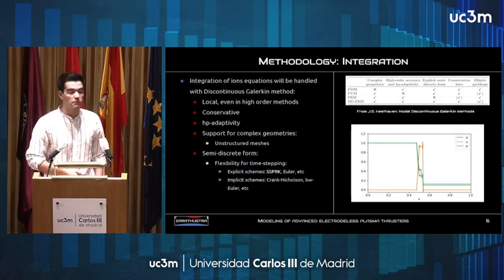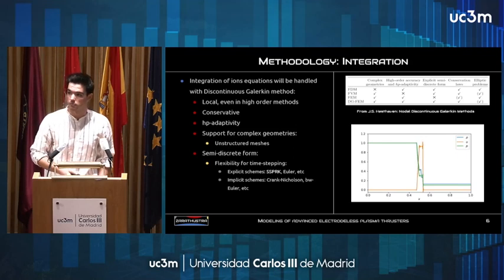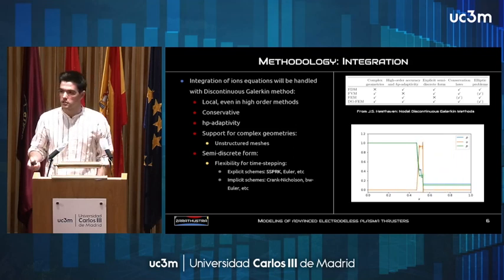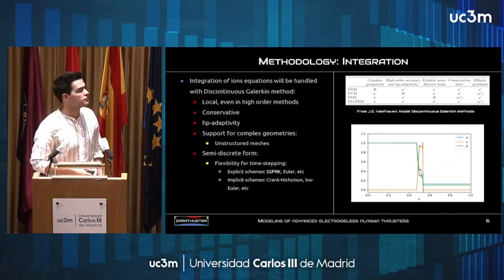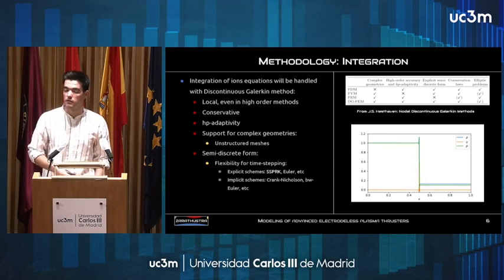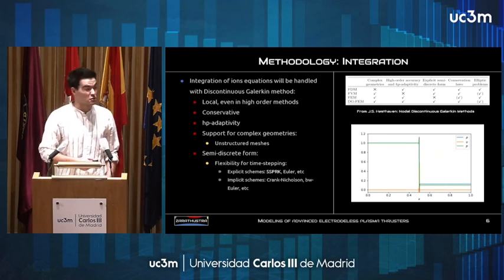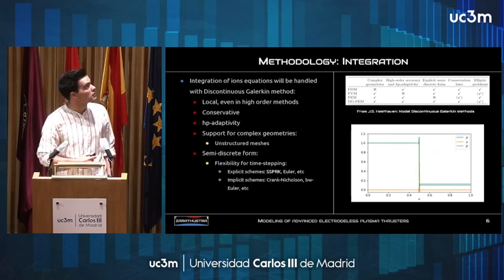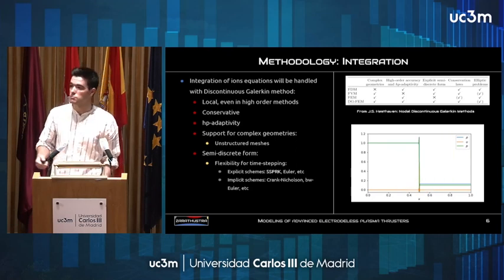How do we integrate the model? We are using a discontinuous Galerkin method that offers many advantages over traditional finite element methods and also over finite volumes. First, the method is local, even in high order methods. It's also conservative, and it allows us to have what we call HP adaptivity.